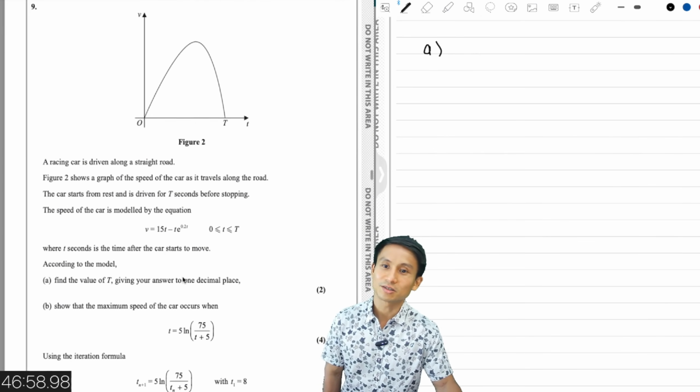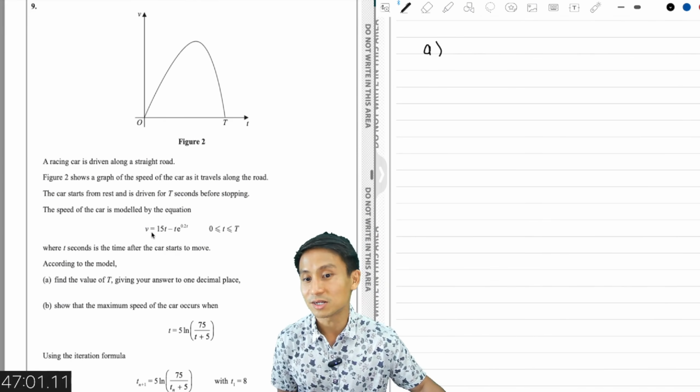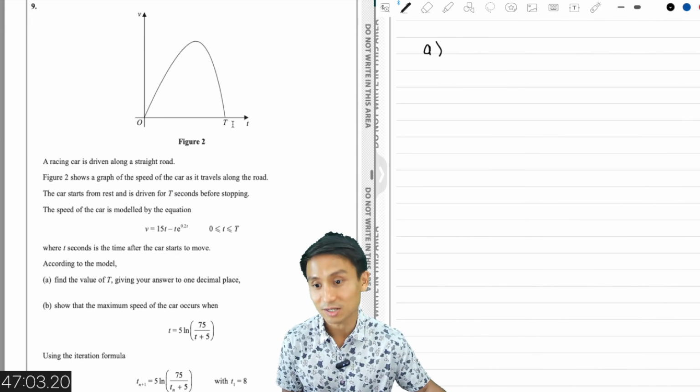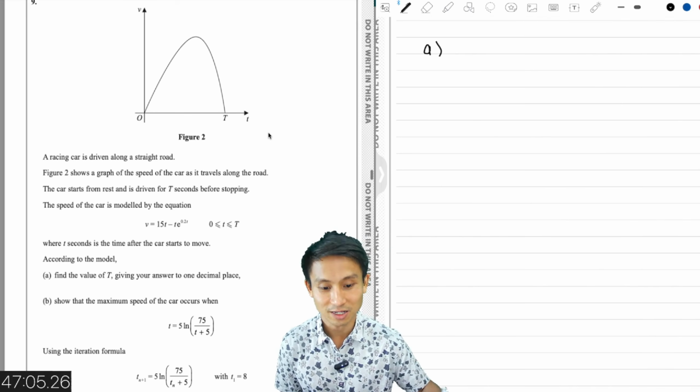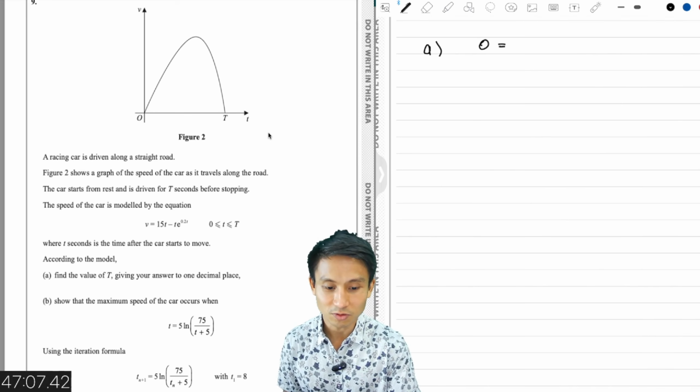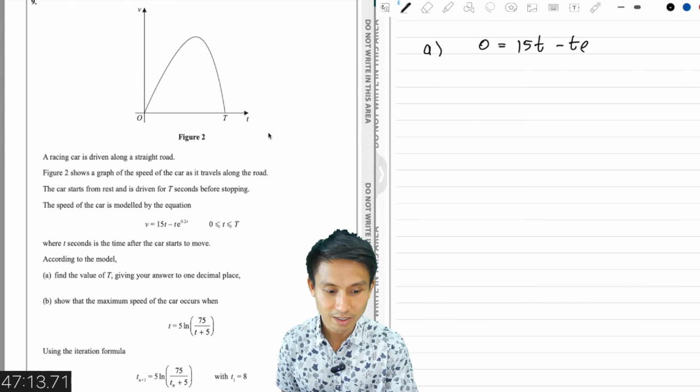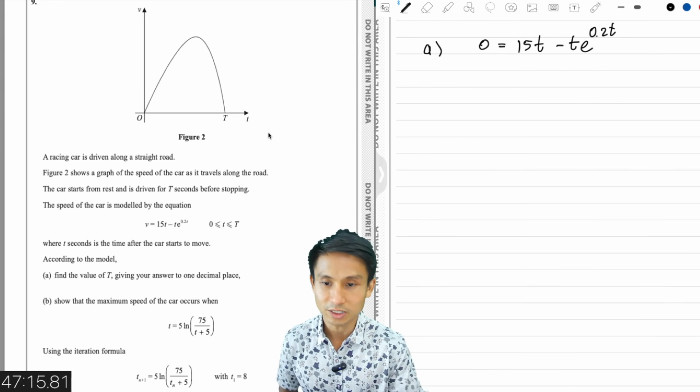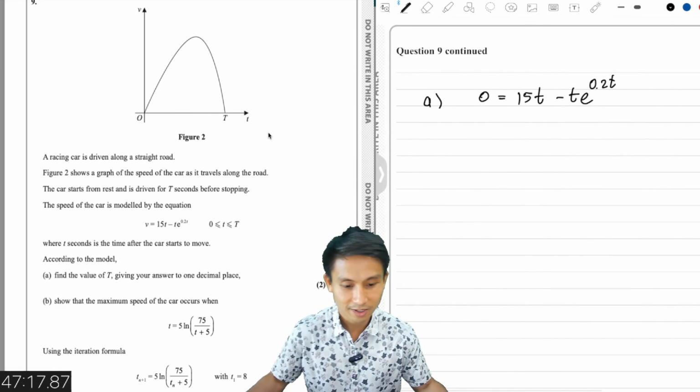So we just equate the function here to 0 because we want to find the x-intercept, basically, to find the value of T. So 0 equals 15t minus t e to the power of 0.2t. Interesting function there.